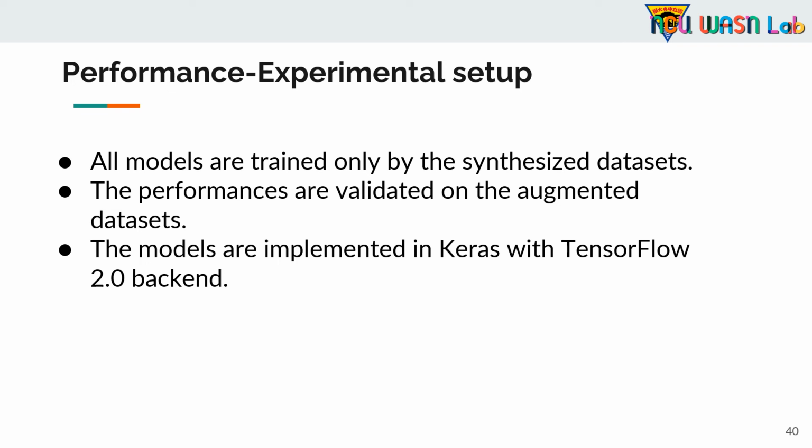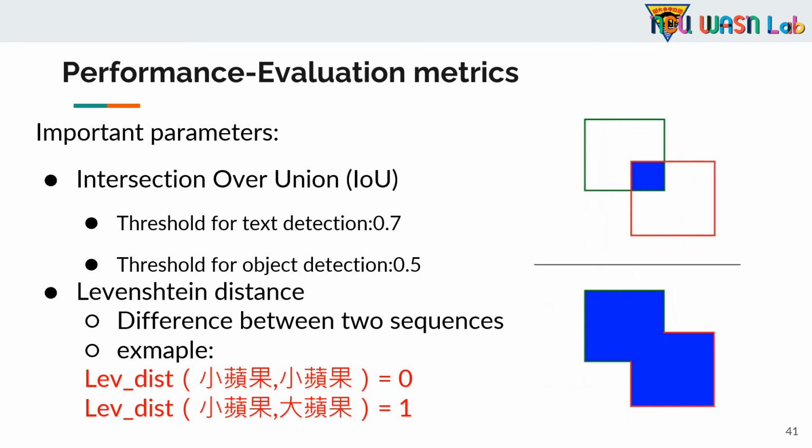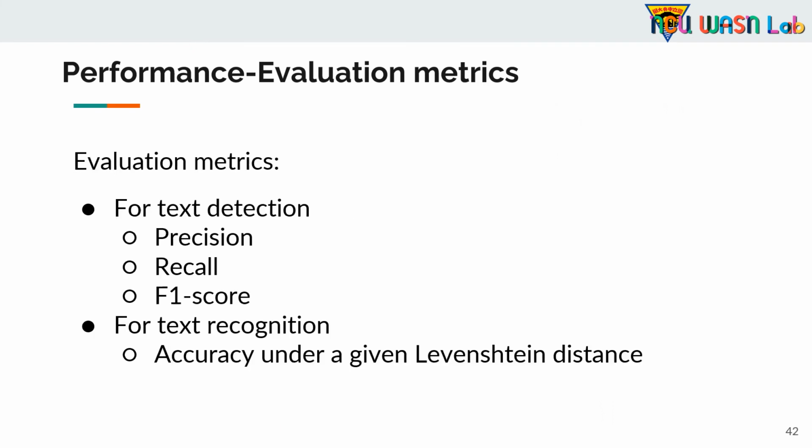And all models are implemented using Keras on TensorFlow. And let's talk about our performance evaluation metrics. The definition of IOU can be seen on the right. Suppose the green one is ground truth, and the Levenshtein distance is the difference between 2 sequences.